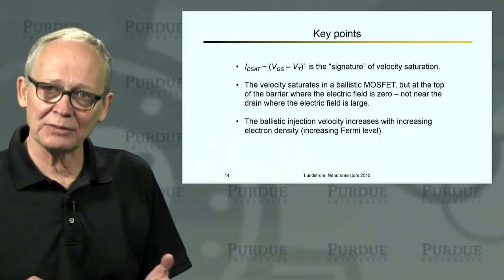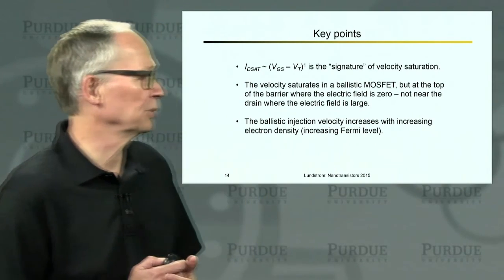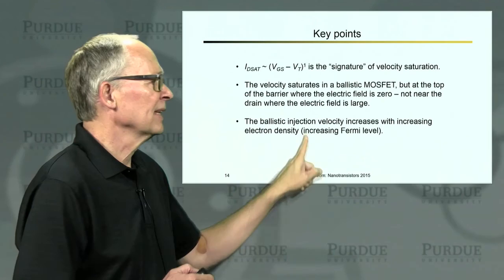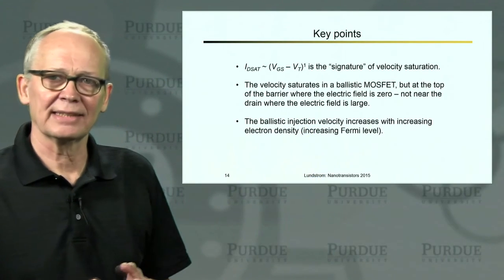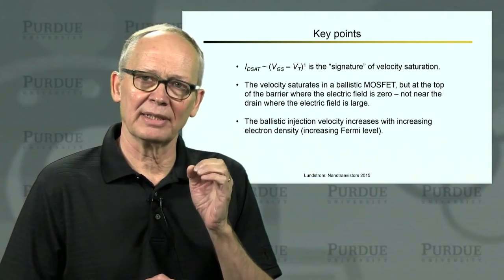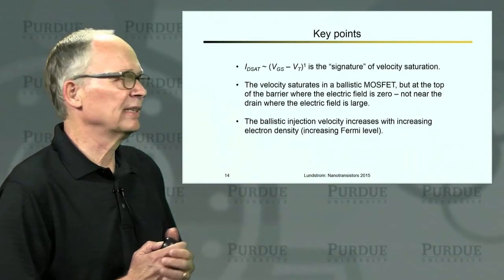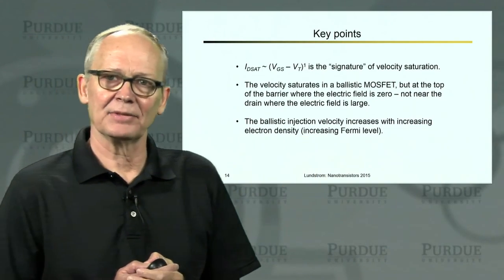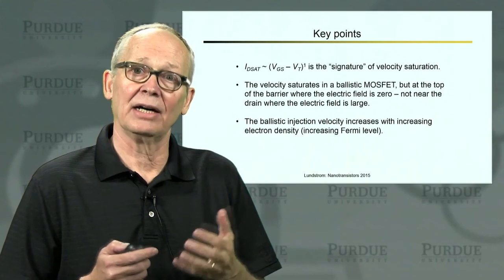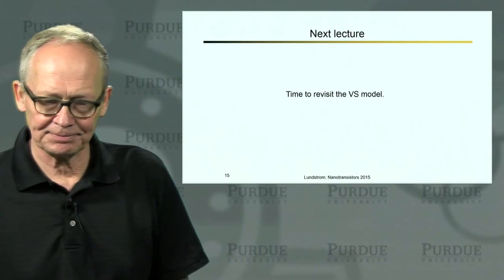It saturates not where the electric field is high, it saturates where the electric field is zero. And the ballistic injection velocity, which is a key parameter determining how much on current we get, increases with increasing electron density when we encounter non-degenerate carrier statistics.